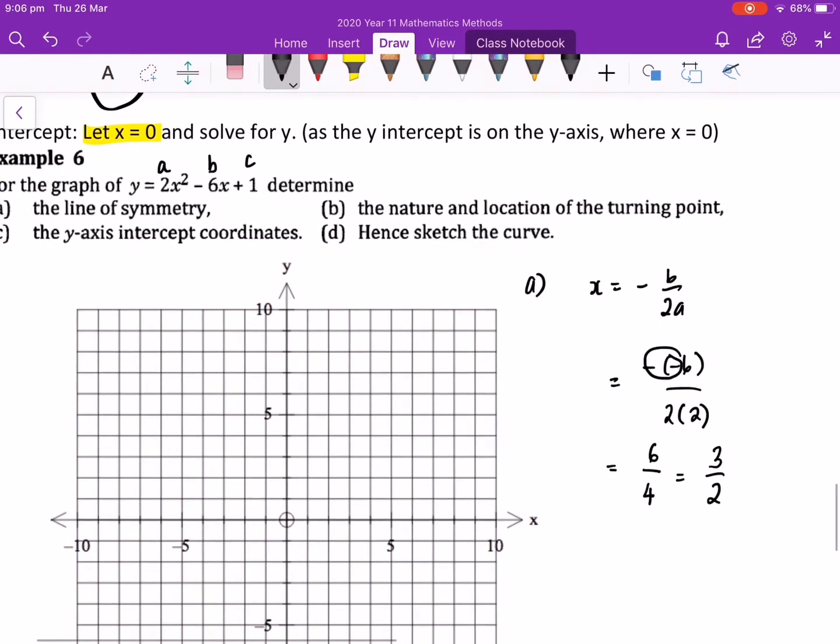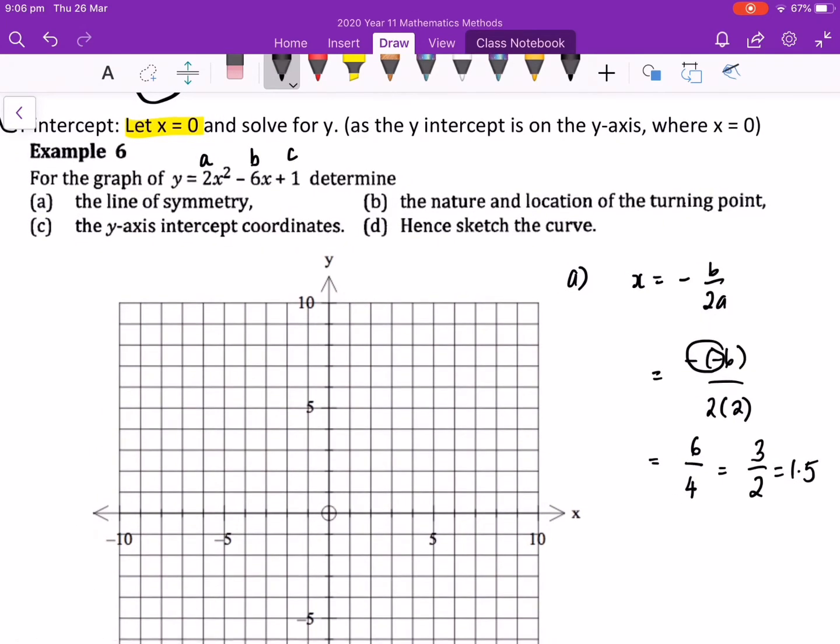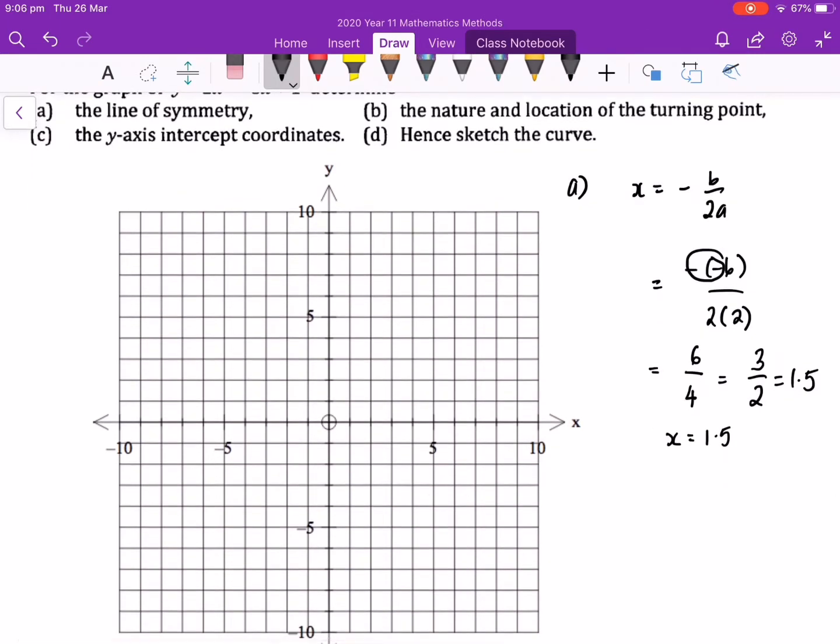You can also write it as 1.5, but it doesn't really matter too much. So I know my axis of symmetry is at 1.5. I'm going to sketch that in using my ruler. Best that you can, make a dotted line. So I'm going to write x equals 1.5 there.